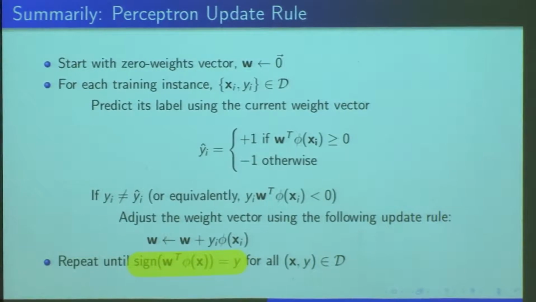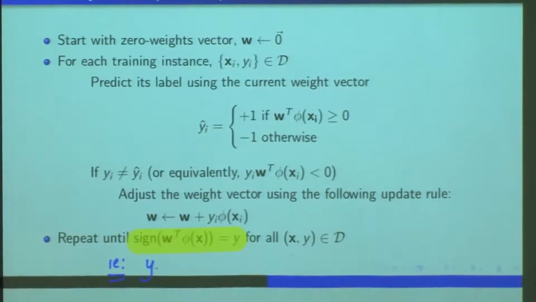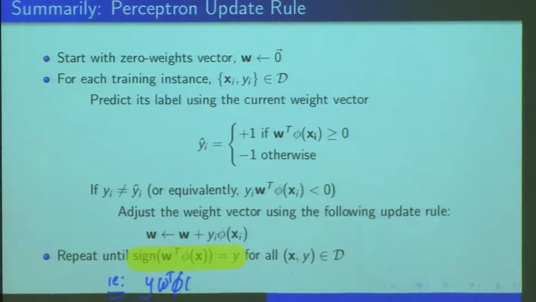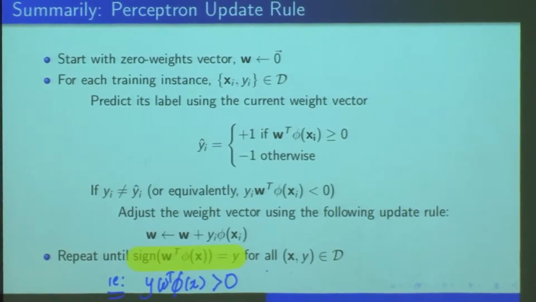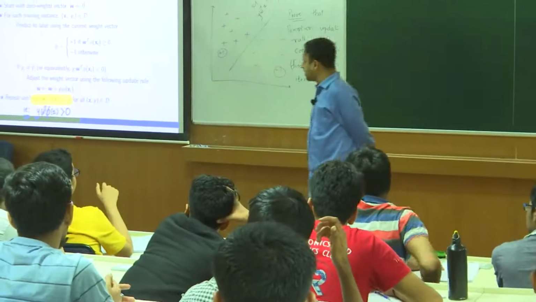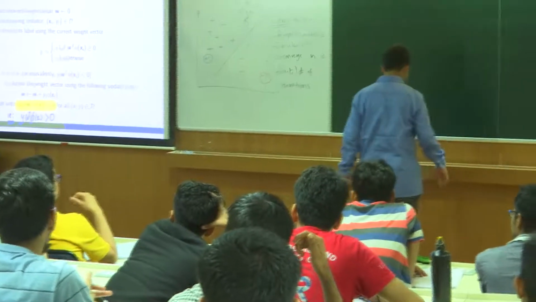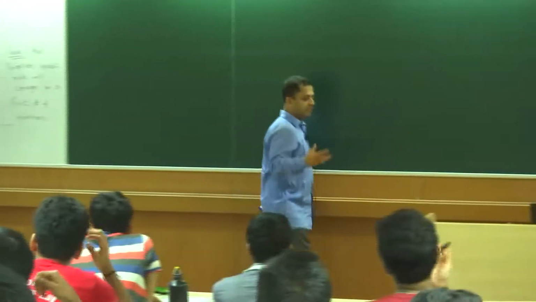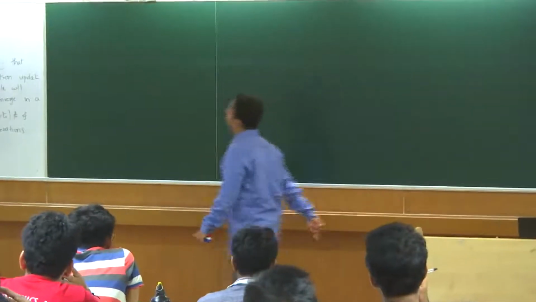Now this is the same as saying that y into W transpose phi x is greater than 0, or rather strictly greater than 0 is also fine, because by sign we mean the sign of the non-zero quantity. Okay, so you are suggesting that the accumulated weight should look like this.